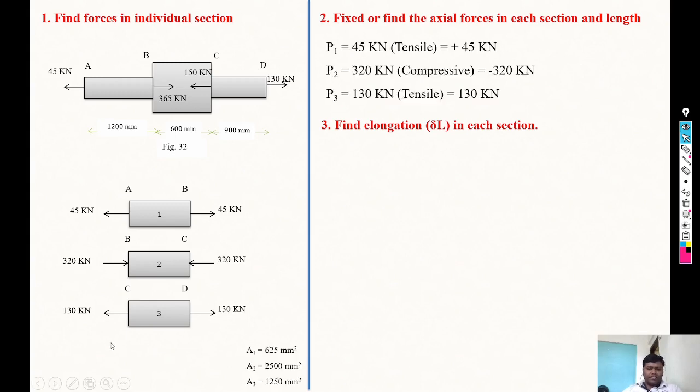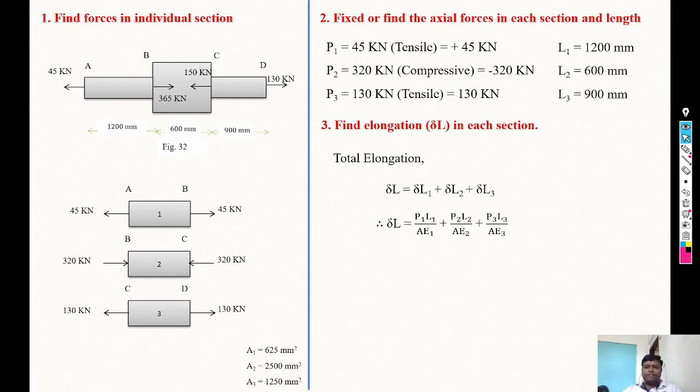So just consider the nature of each section. P1 is tensile, so consider positive, P2 is compressive, negative, and P3 is again tensile, positive, 130 kilonewton. Area is already given in the numerical, 365, then 2500 and 1250 mm square. So just put all the values and we will get the total elongation of the section. So delta L1 plus delta L2 plus delta L3, first section, second section and third section elongation.